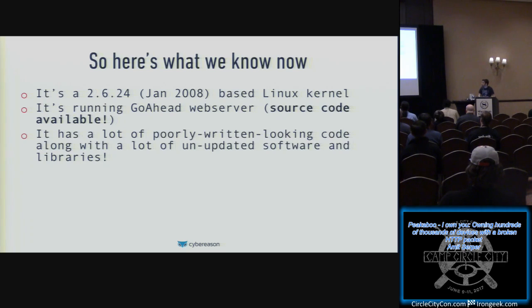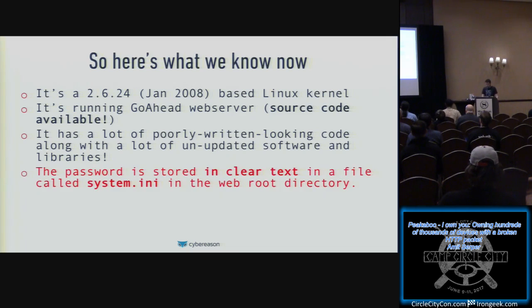We also saw a lot of really, really poorly looking code, and that's the stuff I was talking about, like extra functionality that was added through the CGI handler to the web server, and you're going to see that in a moment. It's a dumpster fire. And we also found a file called system.ini, which had some binary stuff, but it had the password for the web access in clear text.